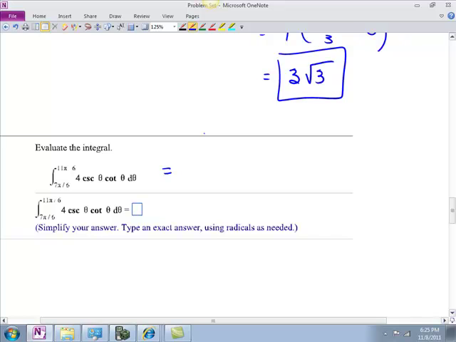Let me see. So, yeah, it would be negative cosecant, right? Isn't that what we would get? Yeah. I was saying, or can you take out a negative 4? And it would be negative 2. Well, you can't just take out a negative 4. The negative's going to come in.